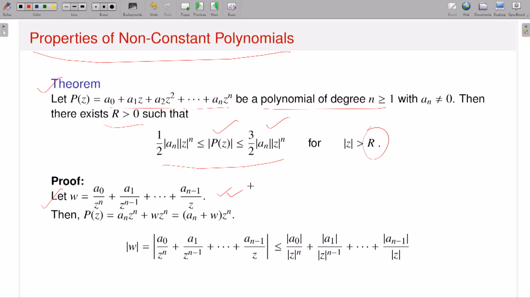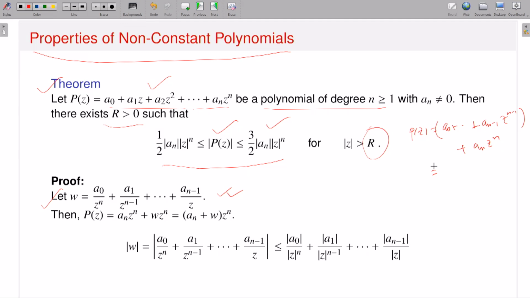Once I write w like this, you can write your polynomial in two parts, because P(z) has a0 up to an minus 1 z to the n minus 1, plus an z to the n. Now looking at the expression of w, if I multiply w by z to the n, then it should be a0 plus a1 z up to an minus 1 z to the power n minus 1.